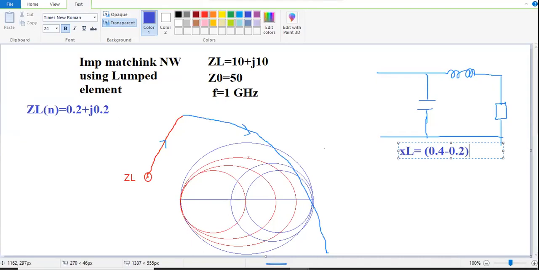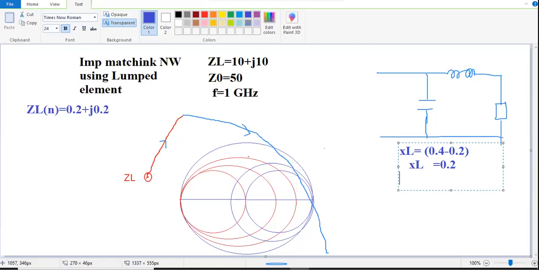Okay. So how much is your XL? So small XL equals 0.2. Am I right? So this is your small XL. Now here some calculations are there that you have to do. Now this is 0.2. Now we have to go for the capital XL.